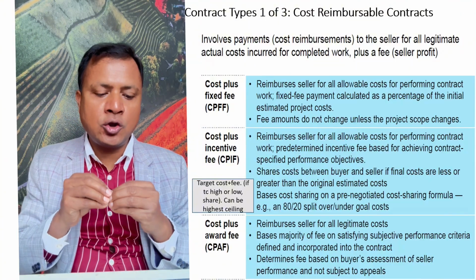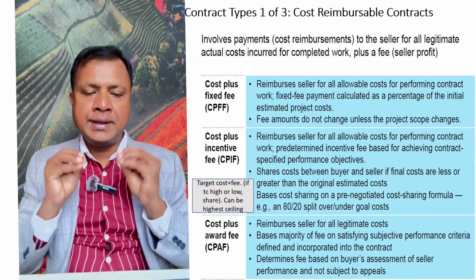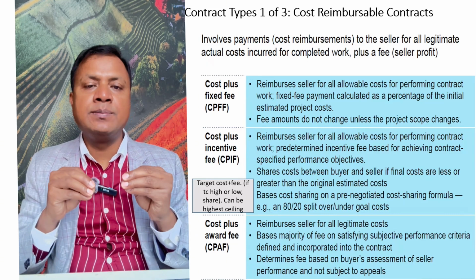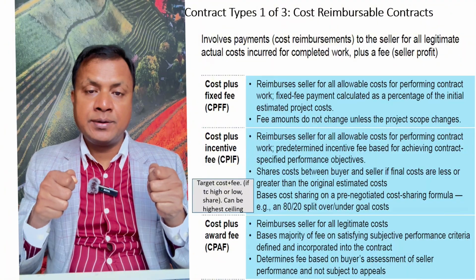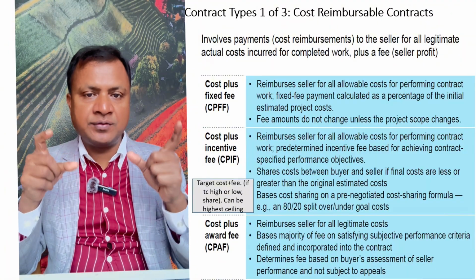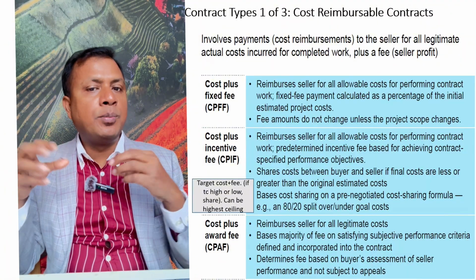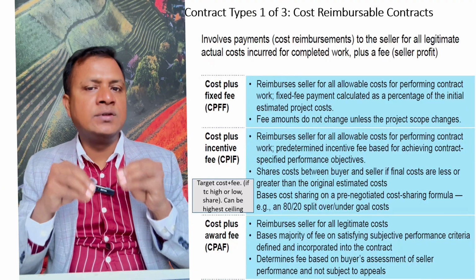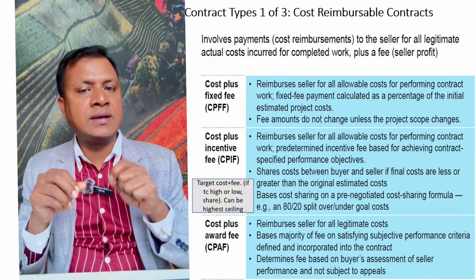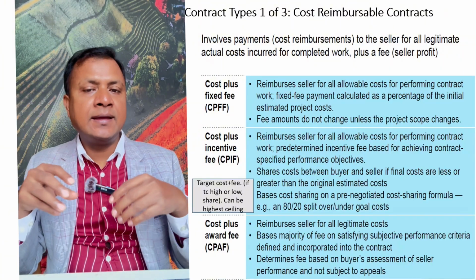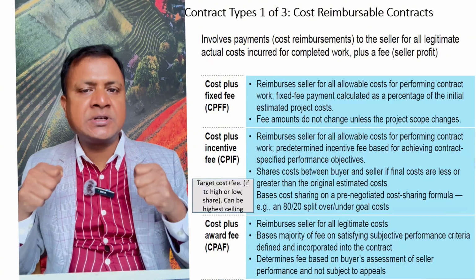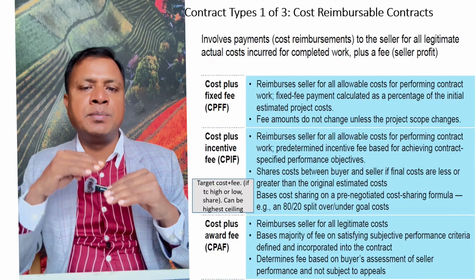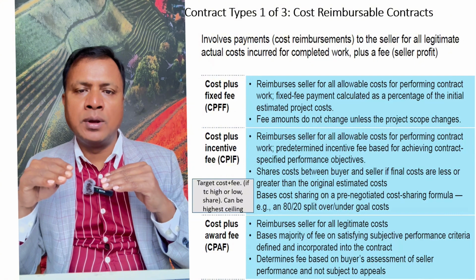And the last one is cost plus award fee. Here also we will provide the cost and also we will give an award based on the subjective criteria of the buyer. So the buyer will evaluate the work, the quality of the service or resources provided by the seller, and then with the buyer's subjective mind they will decide whether it's better or best or normal.